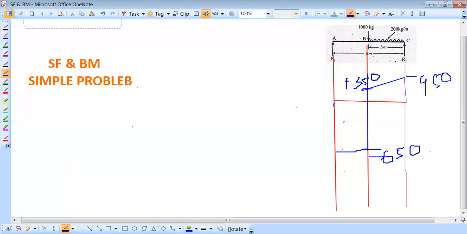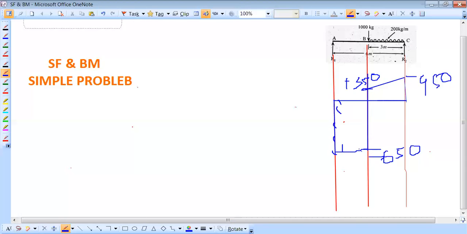So this diagram is called the SFD. You can draw a hatch line from this diagram.